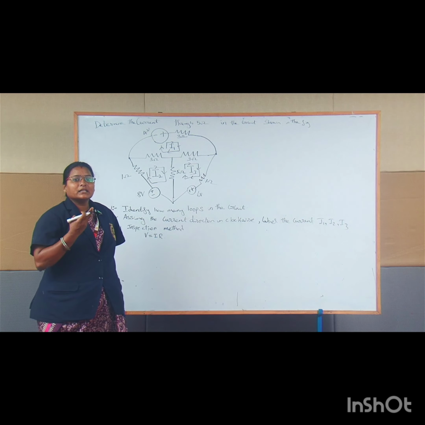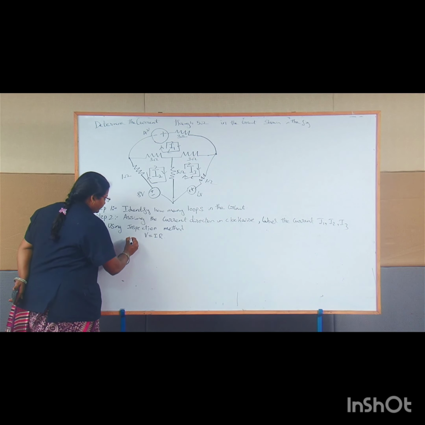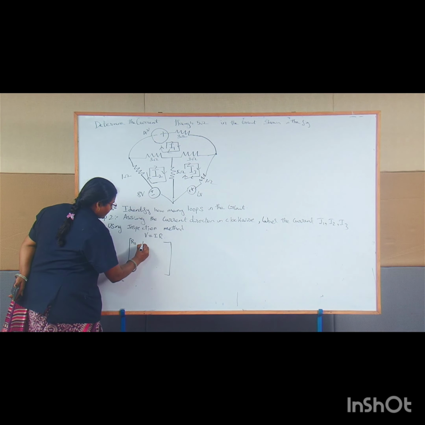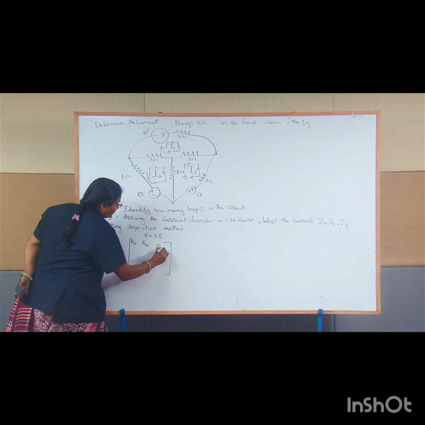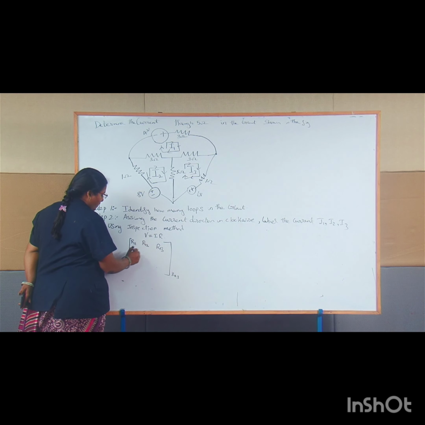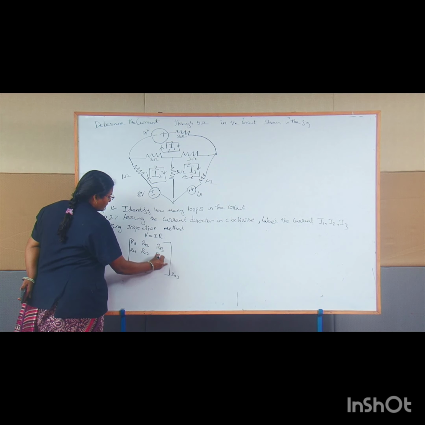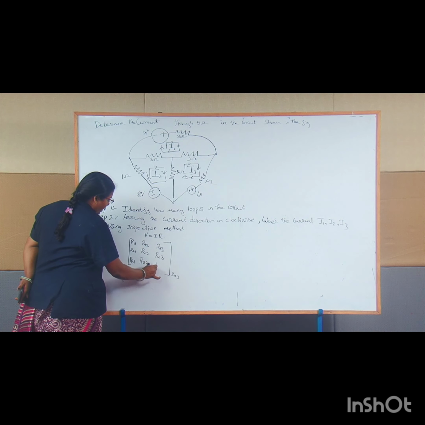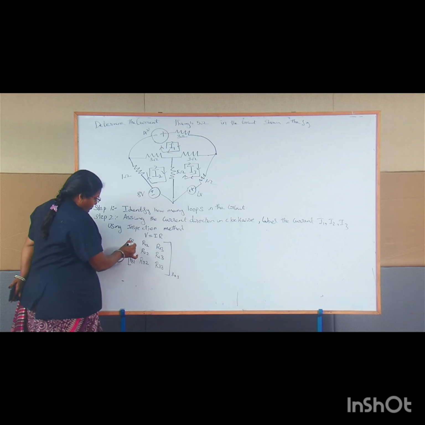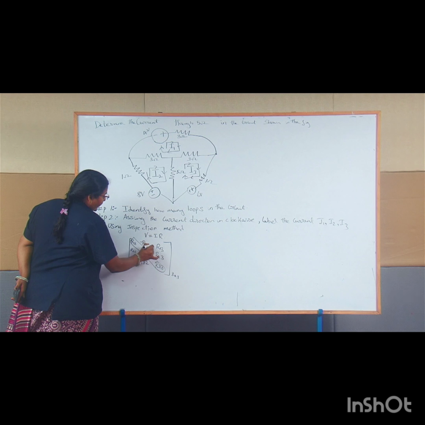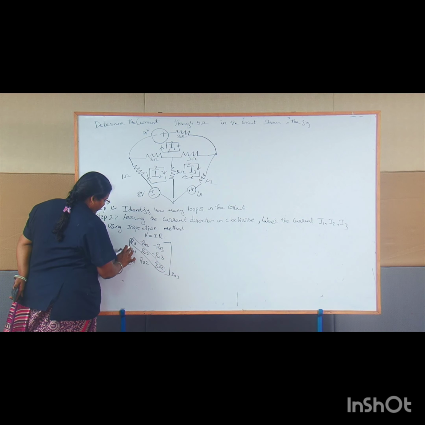Here it has 3 loops, so you have to mention R11, R12, R13, 3 cross 3 resistance. R11, R12, R13, R21, R22, R23. Similarly, R31, R32, R33. So this diagonal is always positive. The other, non-diagonal elements you just mention as negative.